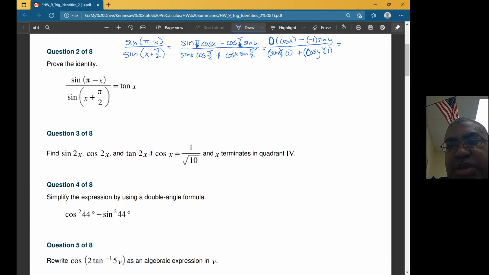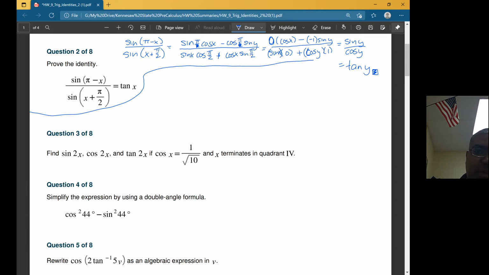Negative 1 is positive 1, so I end up with sine of y over cosine of y, which is tan of y. I could have used this space here, but I'll use the space for number 3, since we'll need it.